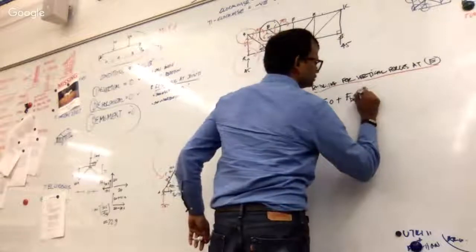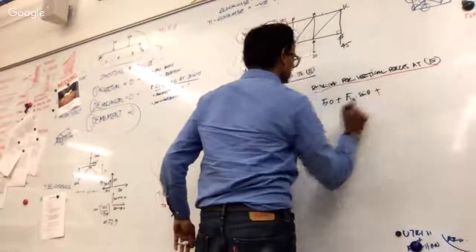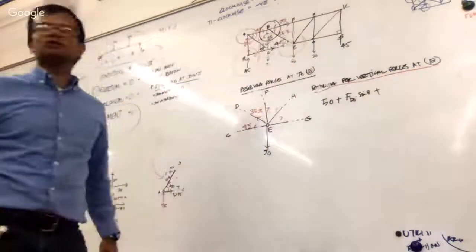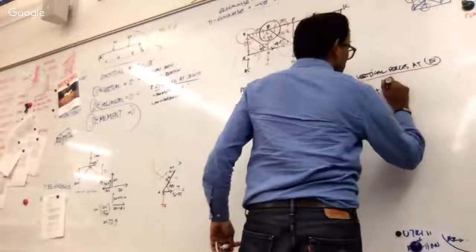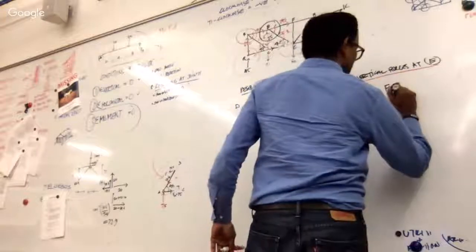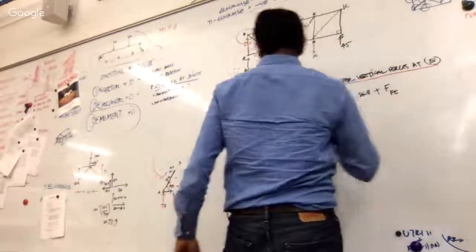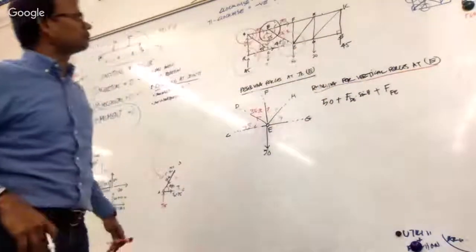F_DE sine theta. Does FE have a vertical component? Possibly. Minus F_FE. Does HE have a vertical component?